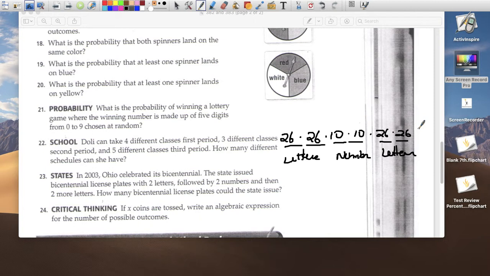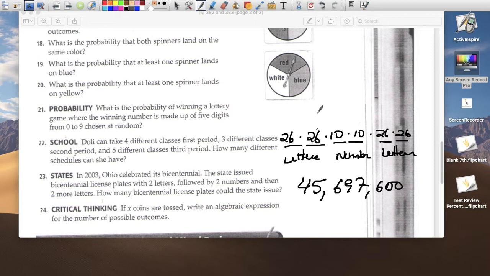If you were the person making these license plates, you would be able to make 26 times 26 times 26 times 26 times 100, which equals 45,697,600 different license plates.